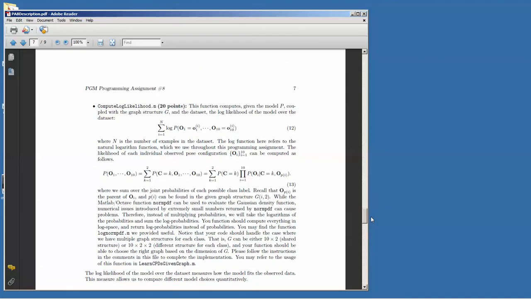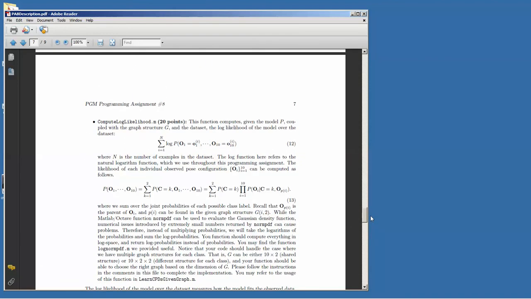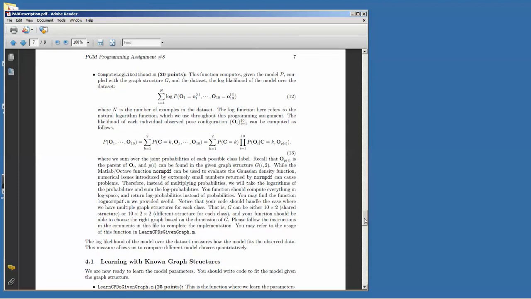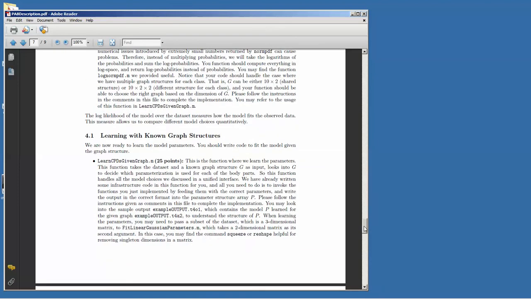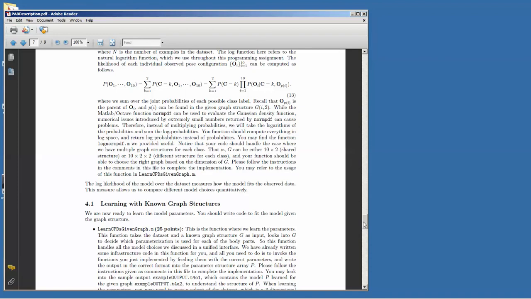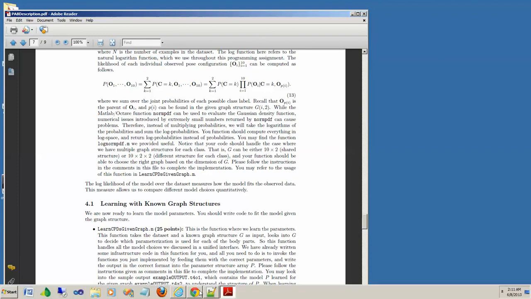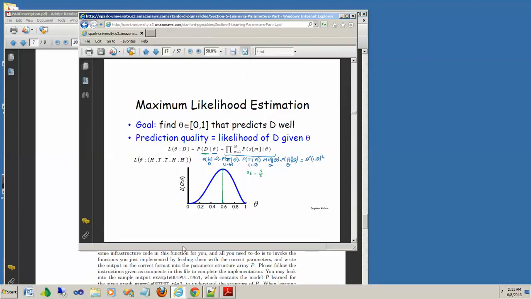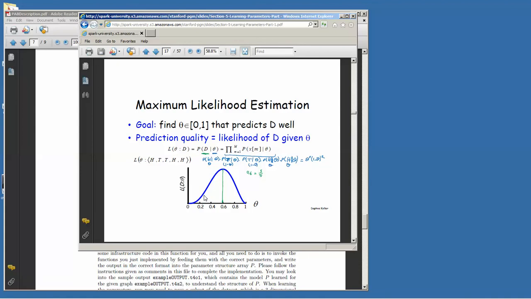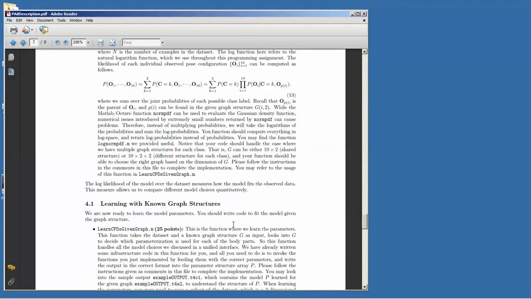I'm actually going to make a separate video about this, but because you will run into this in this assignment and also in the next assignment, I want to make sure that we understand what is the purpose of this whole log likelihood function. So if you look at, for example, this slide, basically likelihood of parameters given data. So that's really what log likelihood is.